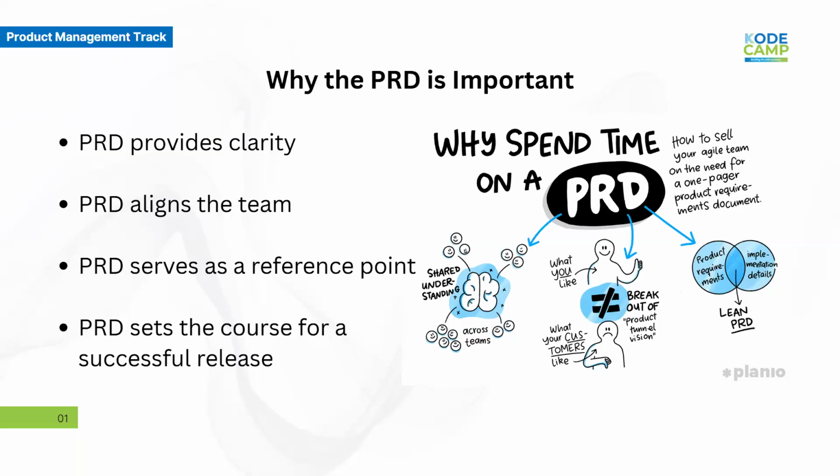Now, secondly, the PRD aligns the team. A good PRD isn't just a checklist of features, right? It connects what the team is building to the broader product strategy and, of course, business objectives as well.